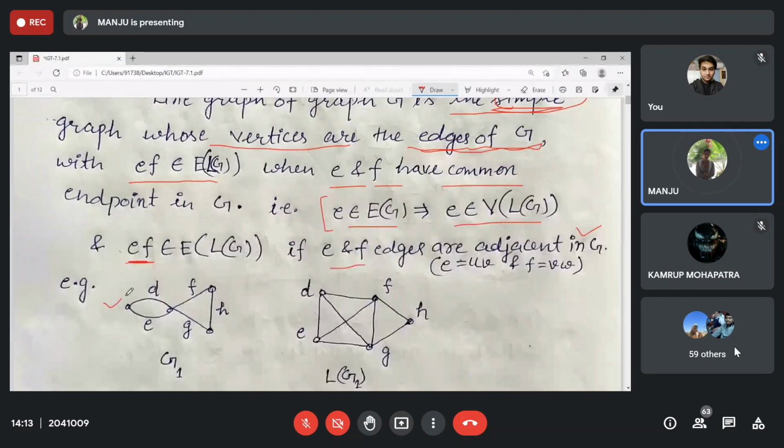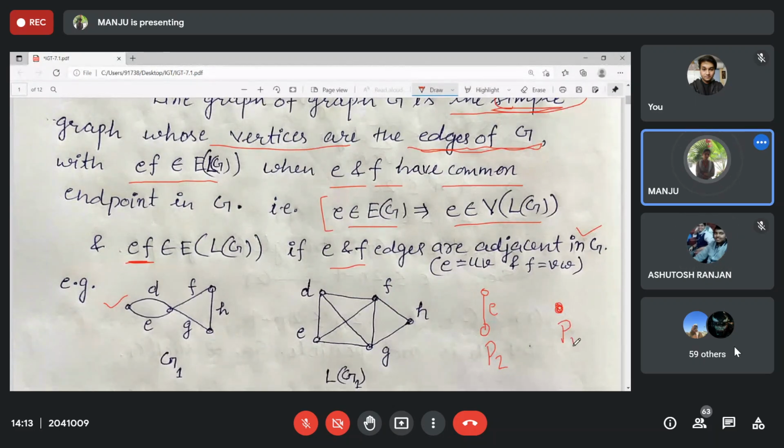Now, what will be the line graph of G1? Before that, what will be the line graph of P2? The edge becomes a vertex, and there are no other edges. Clear?